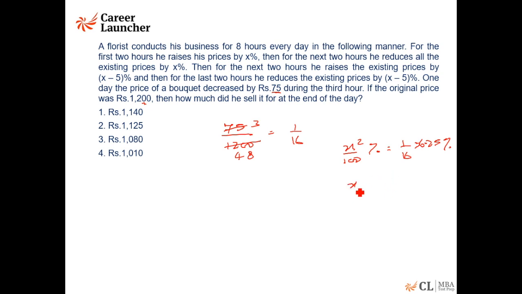So what will be X? Okay. X will be 25%. Two successive increments and discounts of 25% will be equal to a single discount of 25 square upon 100%, right?